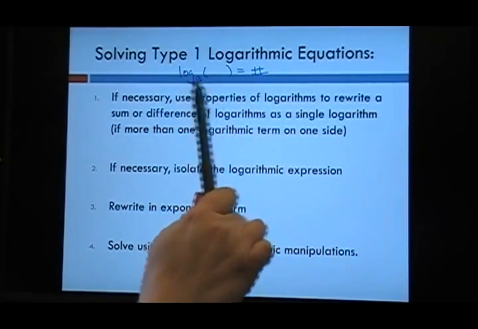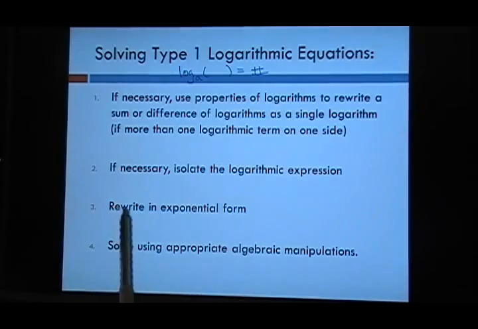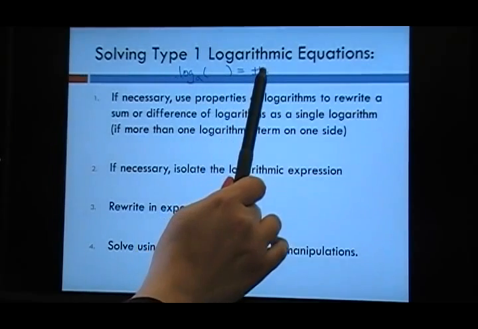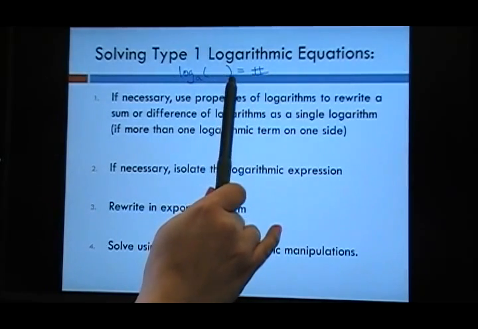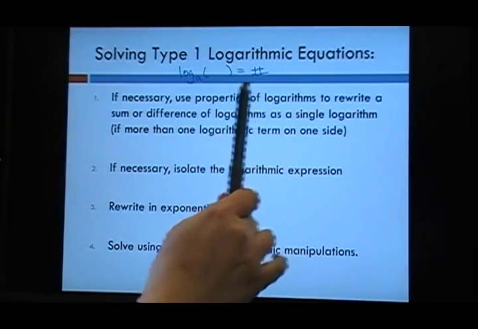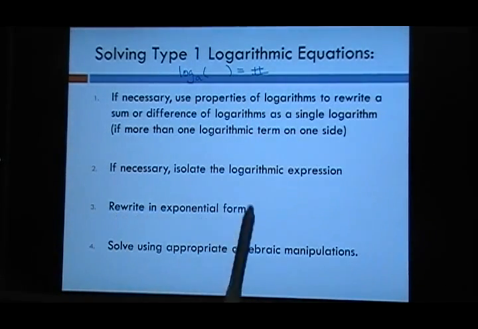Once you have it into this form here, then you can rewrite it in exponential form, right, where a to this number equals this argument. So always when it's in this form, your ultimate goal is to get it rewritten in exponential form, and then you'll solve the equation that you have.